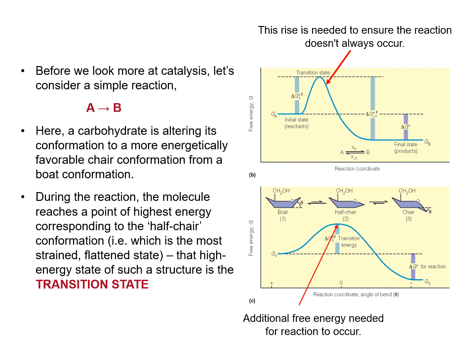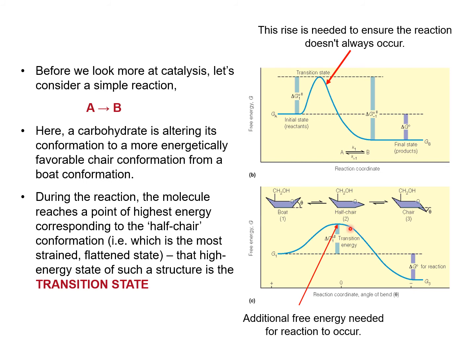And during the reaction, the molecule reaches a point of highest energy corresponding to a half chair, as you can see here, which is the most strained and flattened state, and it is the high energy state of the structure between the boat and chair conformations. And of course this half chair would be the transition state for the conformational change from A to B.